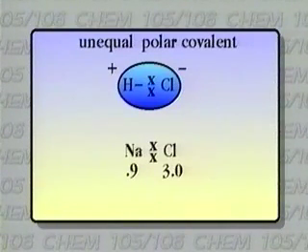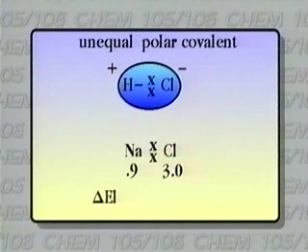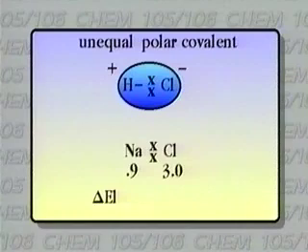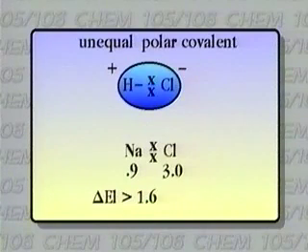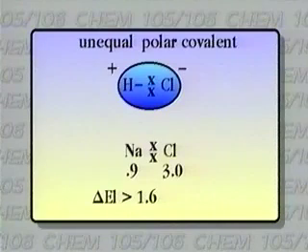As a matter of fact, the guideline that we use is if the electronegativity difference, we'll call it delta EL, if the difference in the electronegativity of the two atoms is greater than 1.6, we say that it is ionic in its bonding.